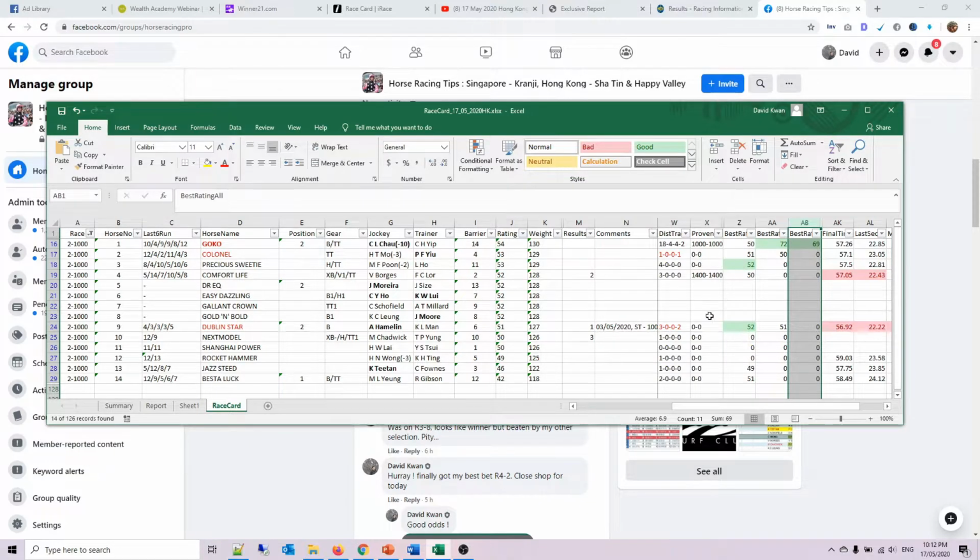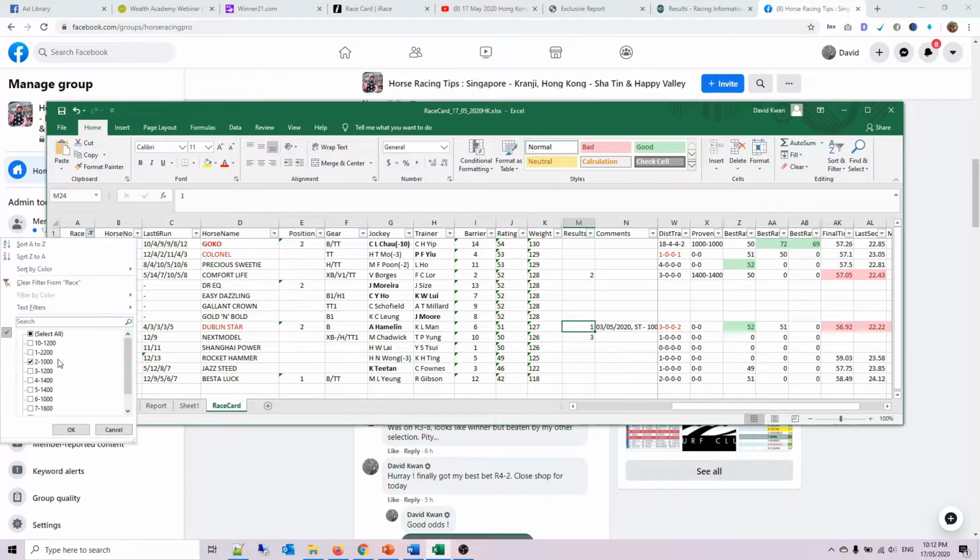And if you want to spot outsiders, this one will be a very good indication. If you look at this, the timing is okay, the speed figure is okay, the run is good, and this horse won today. I think a lot of luck as well.